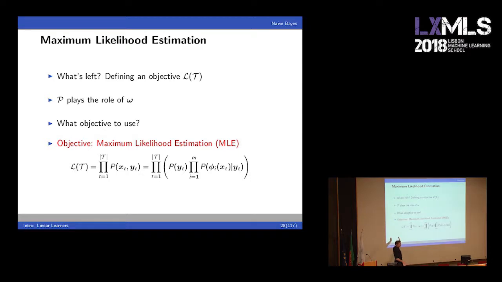So what we want to do is maximize the probability of our training data. So it's the likelihood term. So what it means is maximum probability of training data.